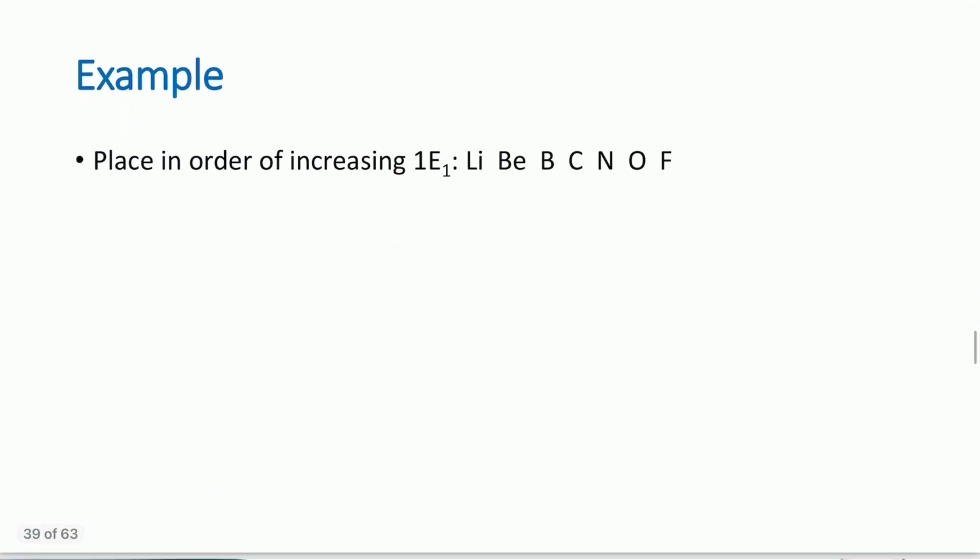Last thing I want you to look at, place the following in order of increasing first ionization energy. Lithium, beryllium, boron, carbon, nitrogen, oxygen, and fluorine. I'm going to give you the answer for this one, and I want you guys to see if you can tell me why.